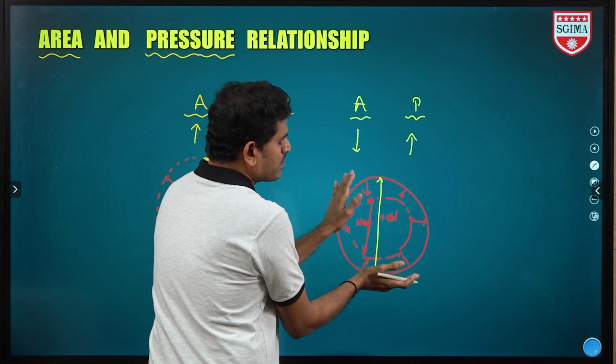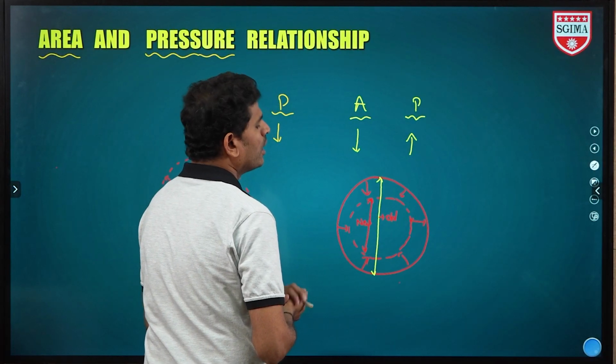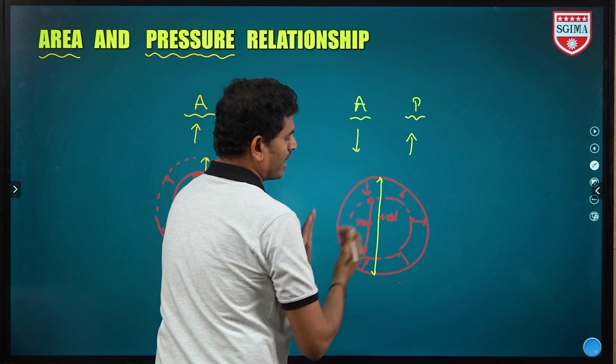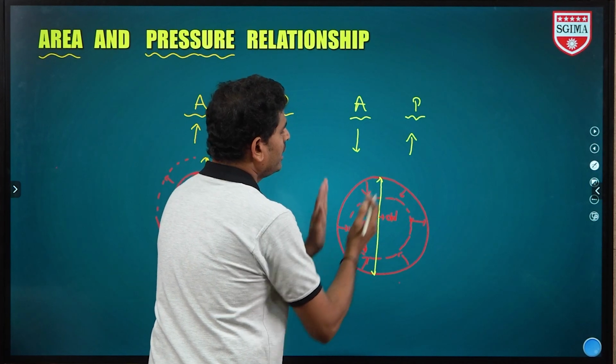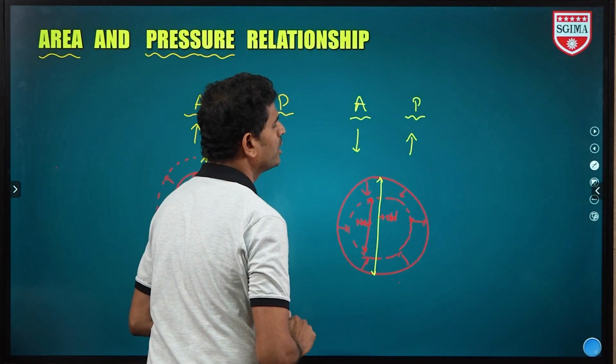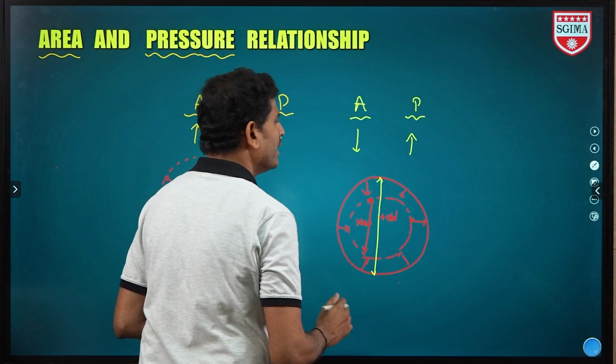When it is in the expanded condition, the lung area is more. Now it will contract or relax. Then the area decreases. When the area decreases, automatically pressure is going to increase.